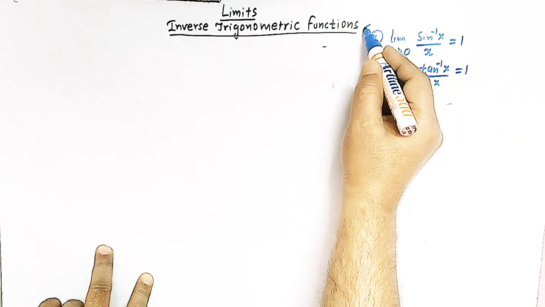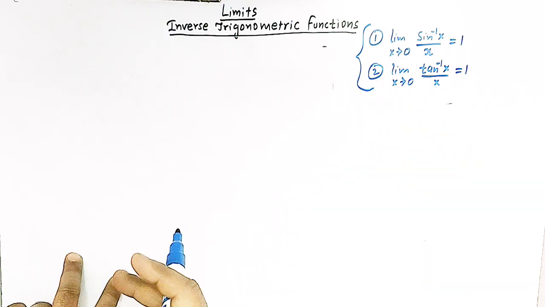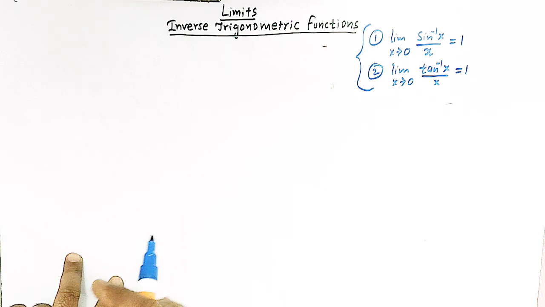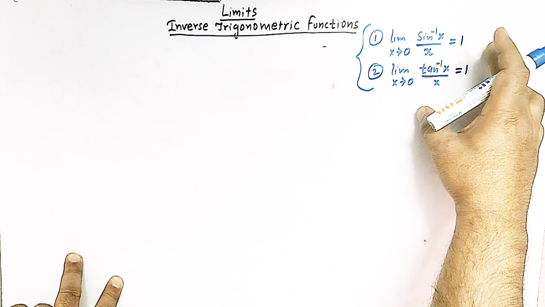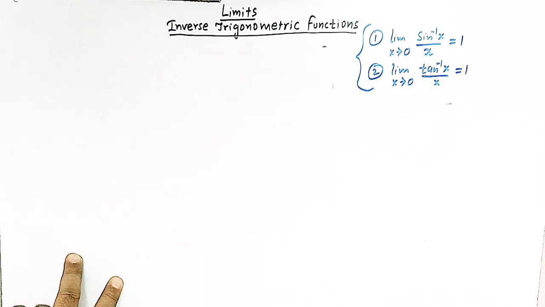So these are the two important limits which are usually used while evaluating limits involving inverse trigonometric functions. Let us first quickly see the proofs of these two results.